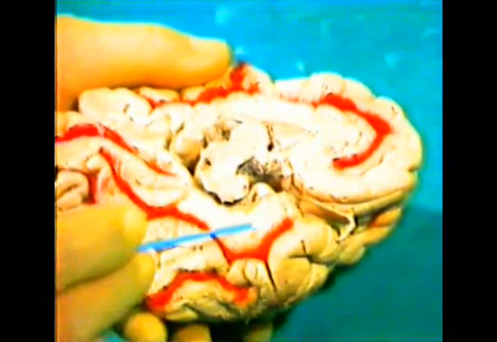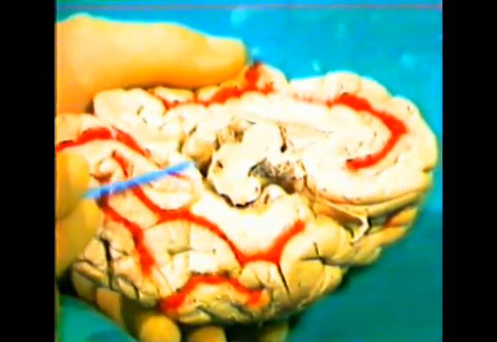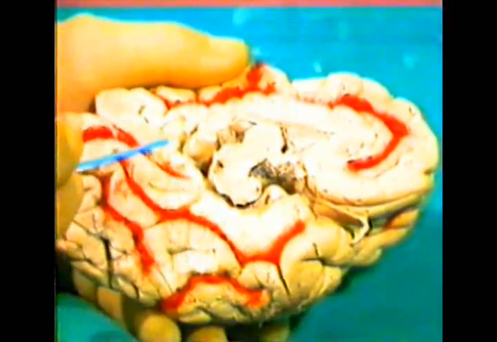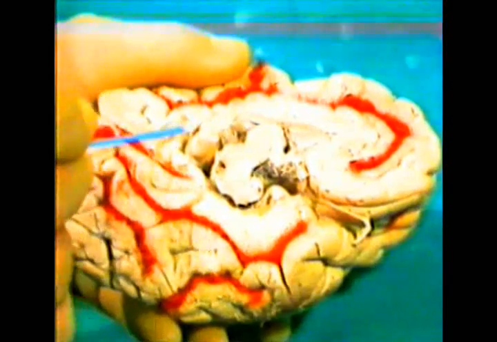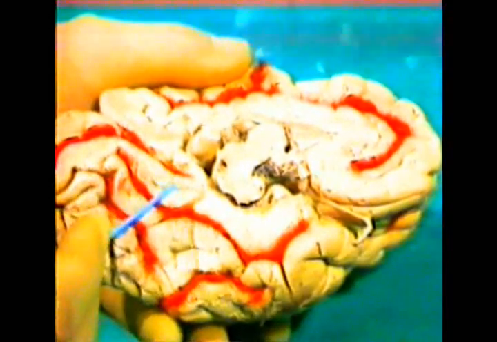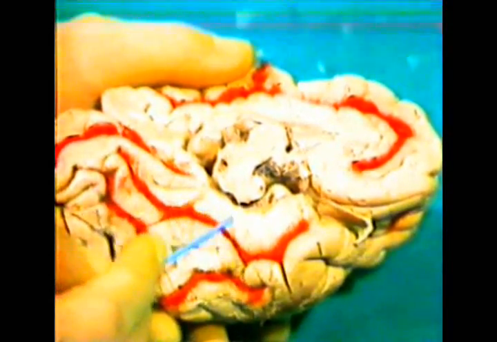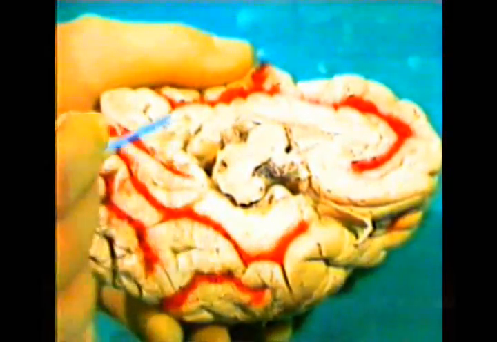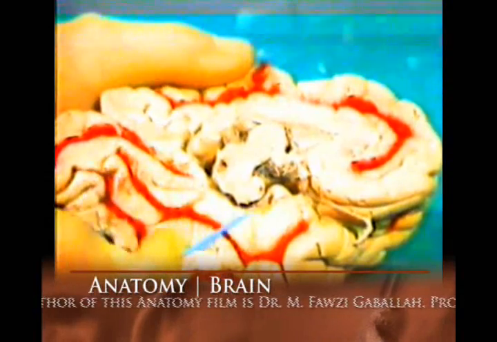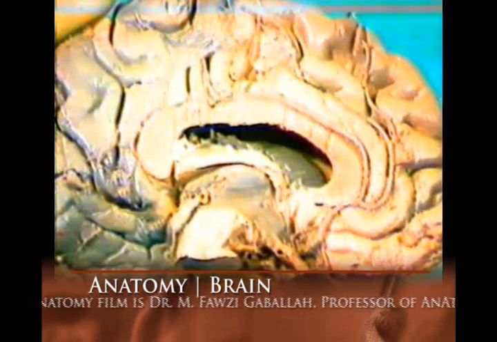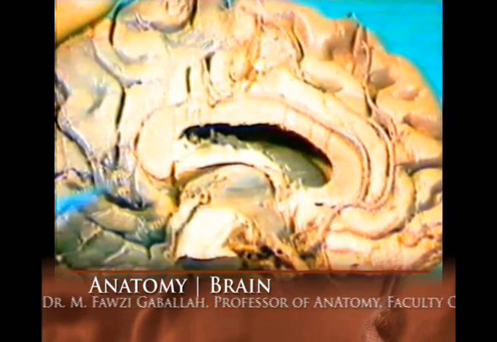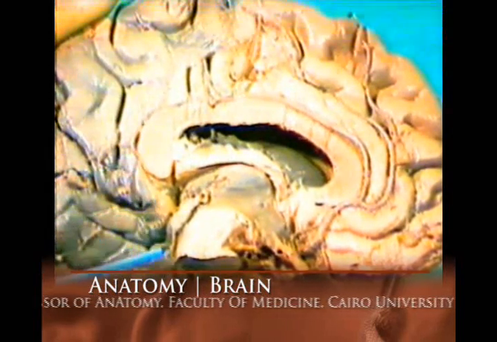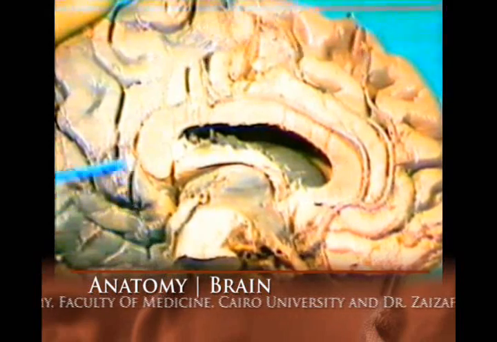Note that just behind the splenium, the cingulate gyrus and the lingual gyrus join the parahippocampal gyrus. It should be noted that the cingulate gyrus and the parahippocampal gyrus are two main gyri of the limbic system.